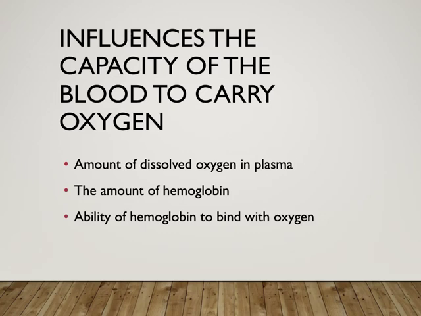What influences the capacity of the blood to carry oxygen? The amount of dissolved oxygen in the plasma, the amount of hemoglobin. Remember that hemoglobin is the major transportation of oxygen. Thus, anemia or inhalation of toxic substances decrease the oxygen carrying capacity. But remember that anemia is low hemoglobin.